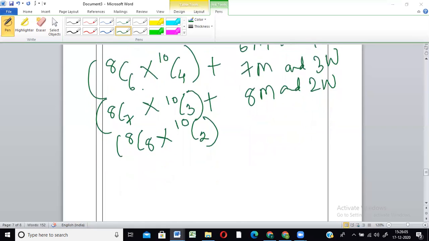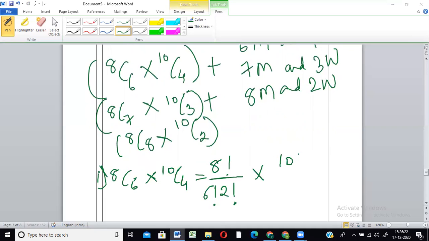We're going to find out the values of the individual brackets, as I said. So the first one, 8C6 into 10C4, is nothing but 8 factorial upon 6 factorial into (8 minus 6) is 2 factorial, into 10 factorial upon 4 factorial into (10 minus 4) is 6 factorial.